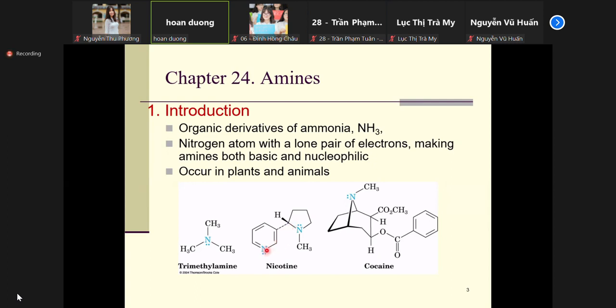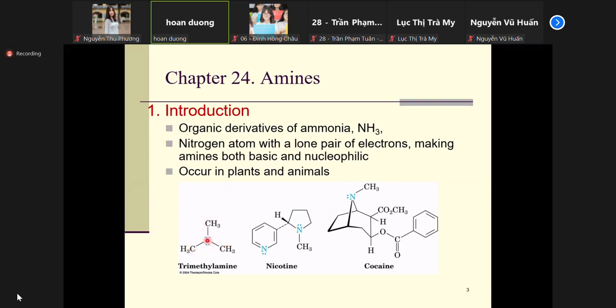So we have a pair of electrons here, still on nitrogen, and here, later on we call it heterocyclic, okay? And here is the second cycle, heterocyclic. Hetero means dị vòng in Vietnamese, okay? Hetero, dị. And here the nitrogen is the same, it's in a ring, so we call it heterocyclic. But here you have a different kind, right? It's trimethylamine, tri means 3, okay?